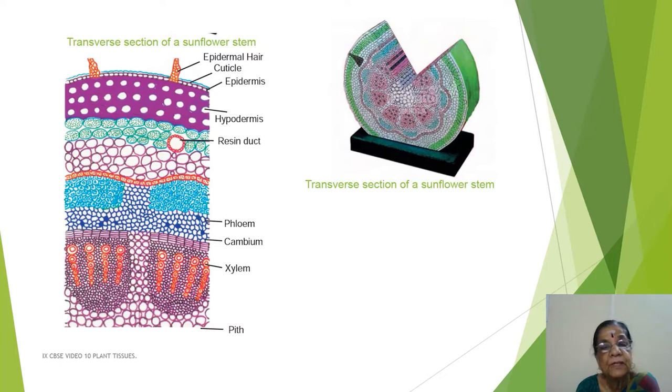Now here we find a layer called cambium. This cambium is a meristematic tissue, the lateral meristem we studied, that increases the thickness of the stem.